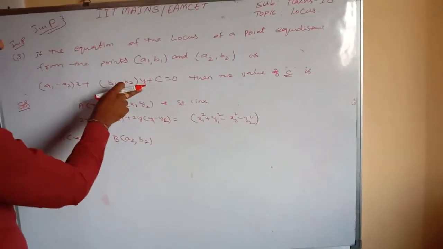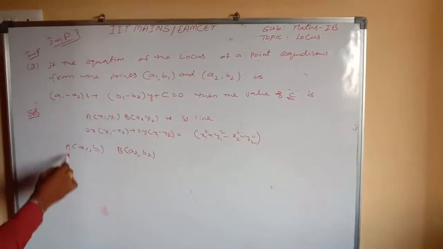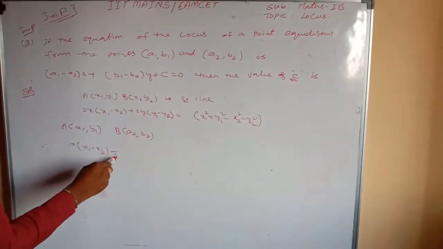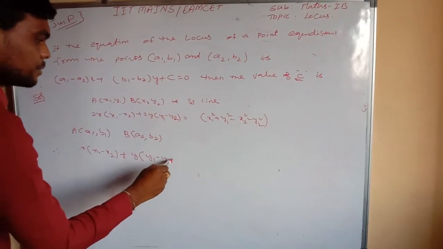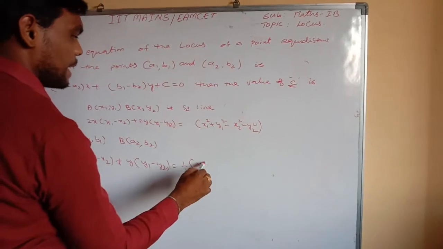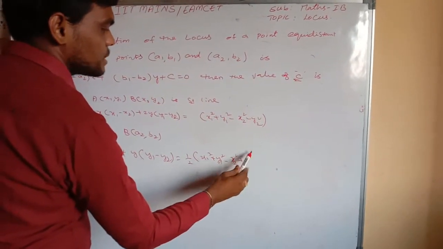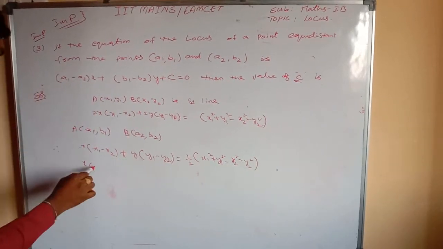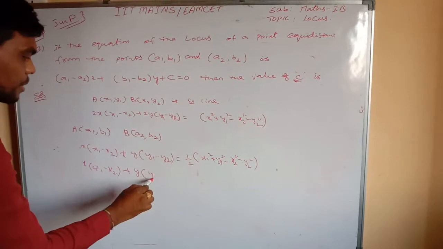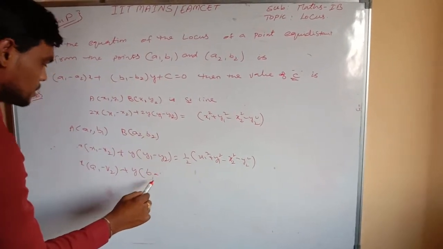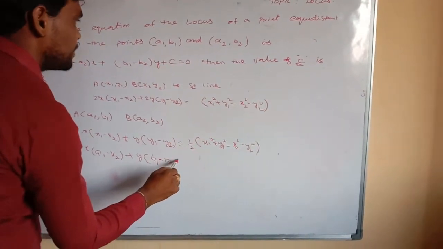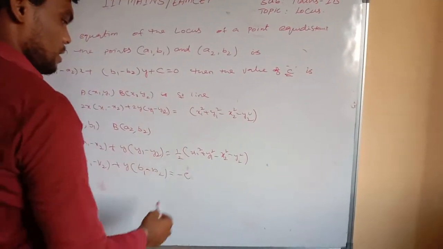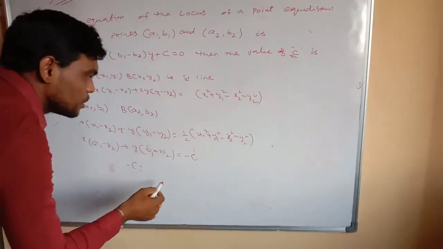Same in the problem here: x into (x1 minus x2) plus y into (y1 minus y2) is equal to 1 by 2 into (x1 square plus y1 square minus x2 square minus y2 square), and this is x into (a1 minus a2) plus y into (b1 minus b2) is equal to minus c, equating the two equations.